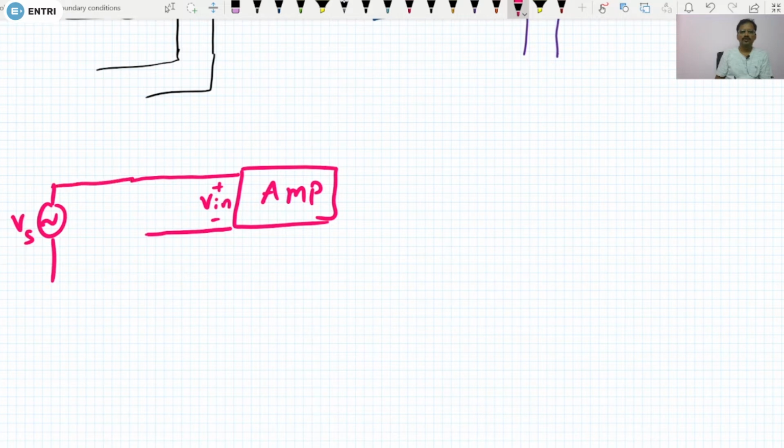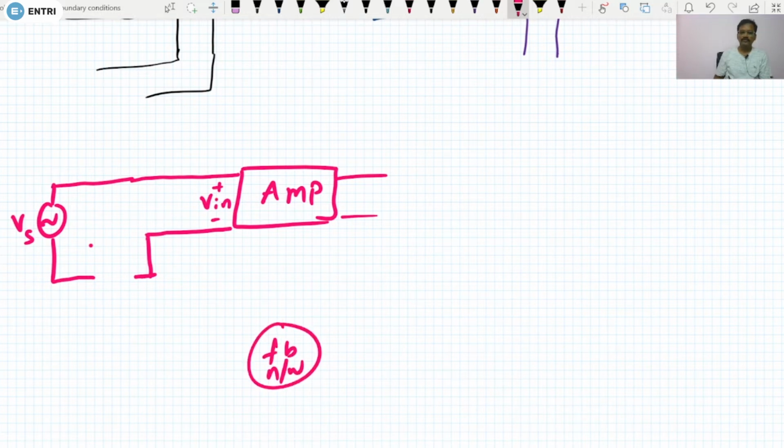If you want to mix at the input, you are mixing the feedback voltage, whatever voltage you have sampled from the output. It is going to pass through the feedback network, and whatever the output of the feedback network, you are going to mix at the input.